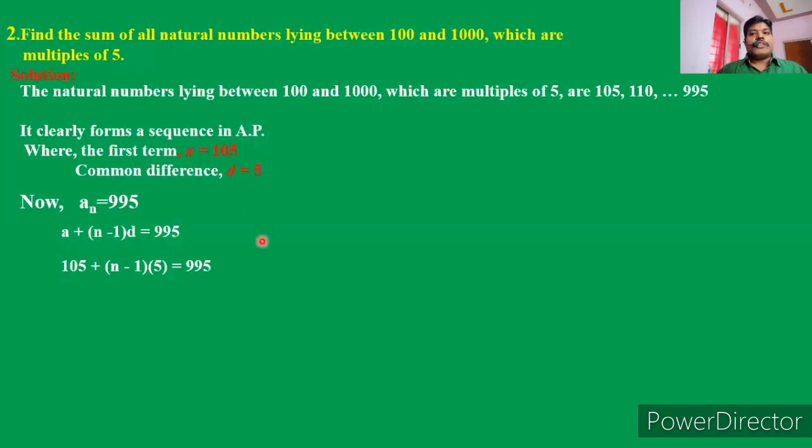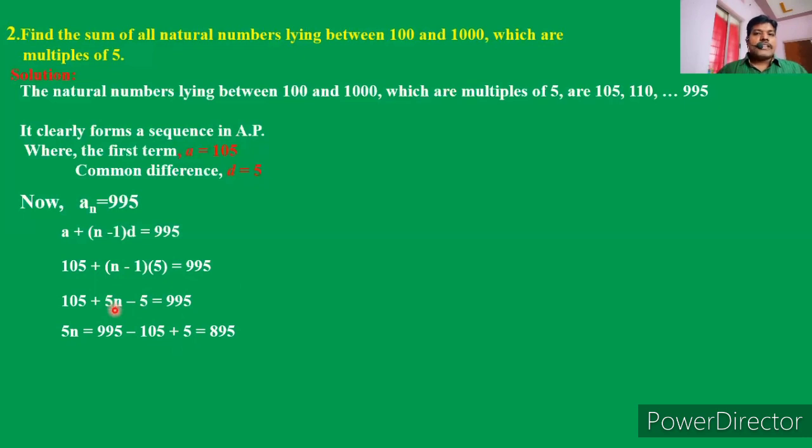Take this 105 to this side. So just multiply with the 5 here first. That is 105 plus n minus 1 into 5. Just multiply with 5: 5n minus 5, that is equal to 995. So that implies, take this 105 to this side, it will become minus 105, and take this minus 5 to this side, it will become plus 5.